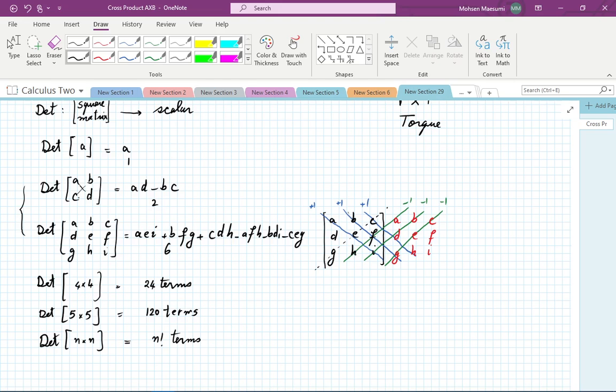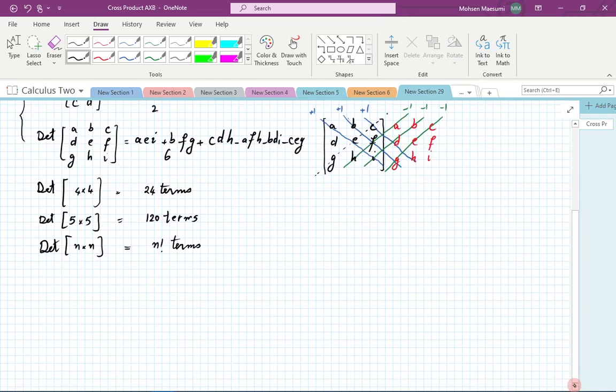Cross product of 2 vectors can be built on the concept of determinant in the following way. Suppose I have a vector A, which has 3 components, and a vector B, which also has 3 components.